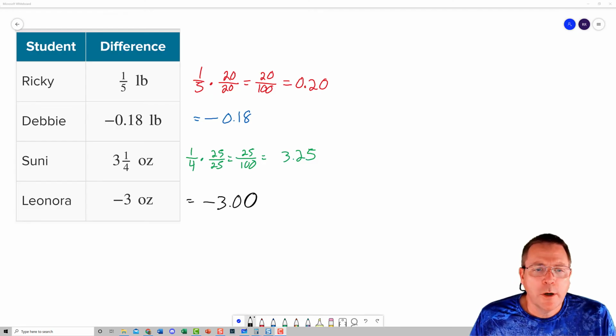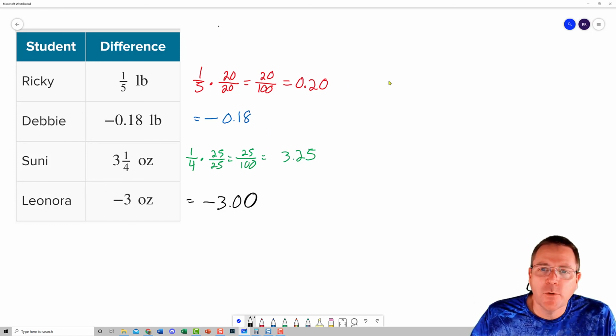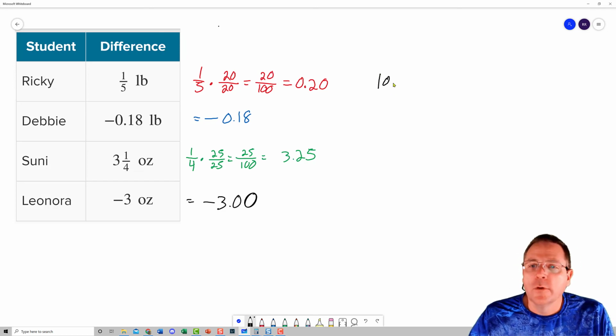All right, I saved you all from watching me do the grunt work here, but I've converted each one of these values to their decimal counterpart, and now that they're in decimal form, I'm going to find the absolute value of each one. So the absolute value of 0.20 is going to be 0.20.